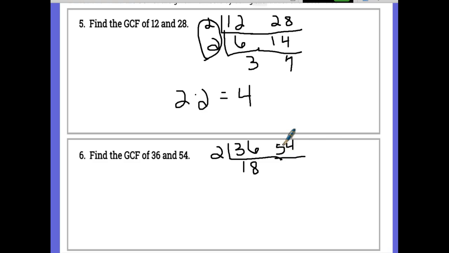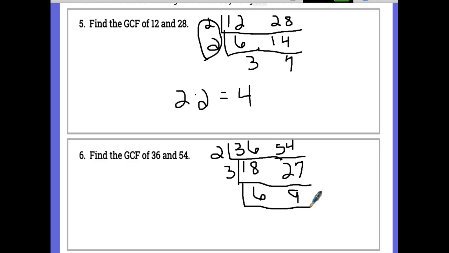And 2 times 27 is 54. I'm going to add another ladder. Now I'm looking at 18 and 27. Well, 2 can go into 18, but 2 cannot go into 27. However, 3 can go into both. 3 times 6 is 18, and 3 times 9 is 27.